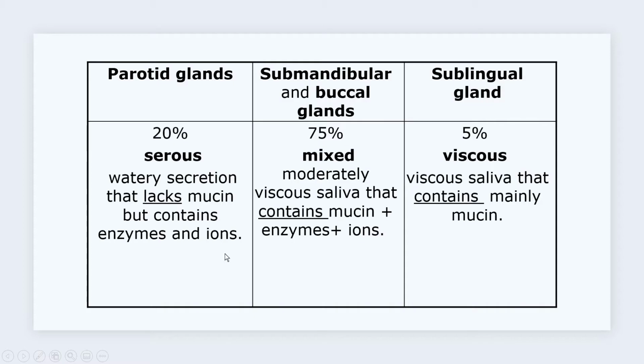So you have to remember which gland contains mixed and serous, and the mucin is basically contributed purely by the sublingual gland. However, a small amount of the submandibular gland also produces mucin, enzymes and ions. So all these contribute in the formation of the final saliva that enters into our buccal cavity.